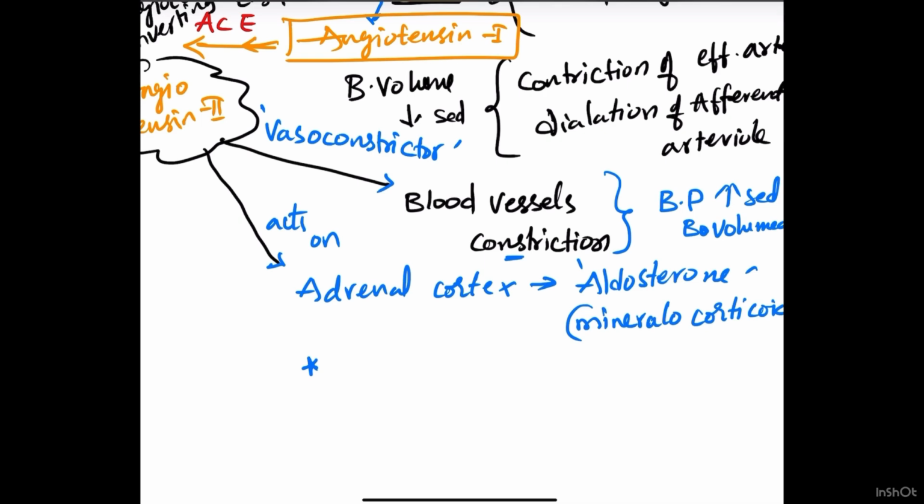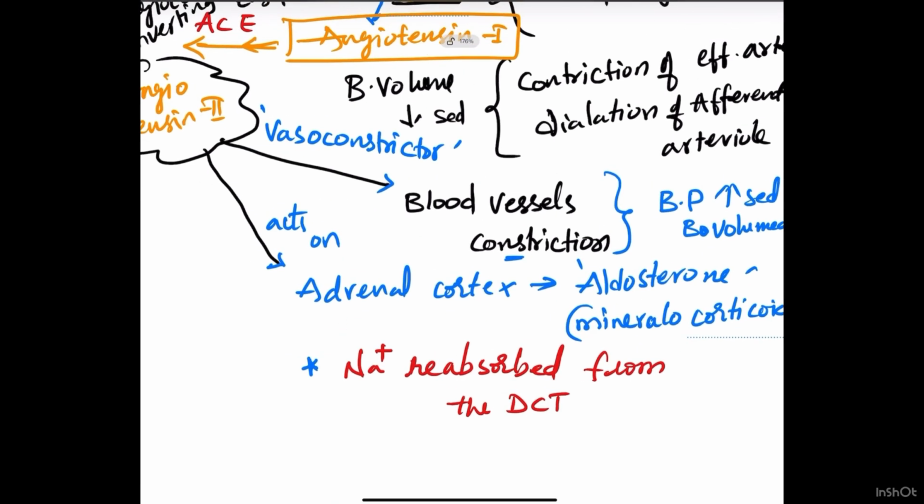Now what is the importance of aldosterone? The main function of aldosterone is that sodium ions are going to be reabsorbed from the DCT. It will also increase phosphate and potassium elimination or excretion.